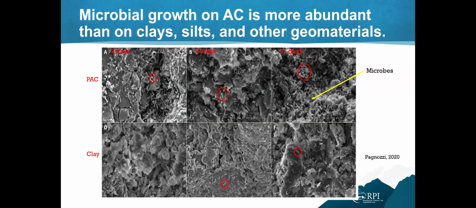This is important because if you look at most geological materials, and I can't say all, I haven't looked at all, they have a limit to the number of microbes that can grow on that material. It's the material itself that is a question. In the picture I have up now, on the bottom you see clay. As you move over time, you can see some microbes growing on the clay.